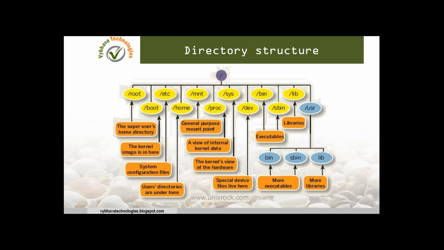Whatever the configurations, mostly we save under slash etc, so that anyone who wants to troubleshoot or come to know where the configuration files are located, we normally search slash etc first. Yeah. So all system-related resources which are configured, those configurations are available in slash etc. That is the most important thing. So whenever you want to start and stop the services, it may be network, application, web servers or anything, we'll look into this one.